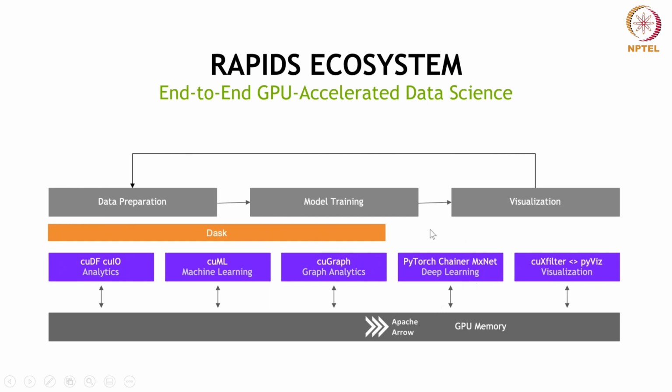We have already covered the deep learning part, but for visualization also we have libraries like cuxfilter and PyViz, which accelerate not just visualization of small data, but large amounts of data as well. But also to support the overall pipeline in memory and to have compatibility across different frameworks, everything is done over Apache Arrow so that it remains in the GPU memory.